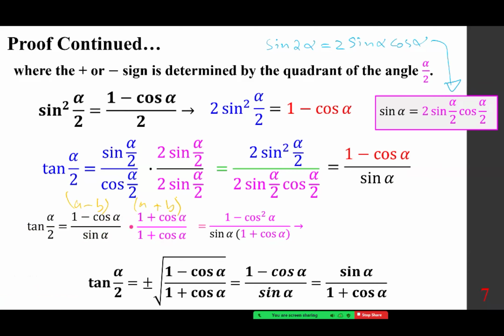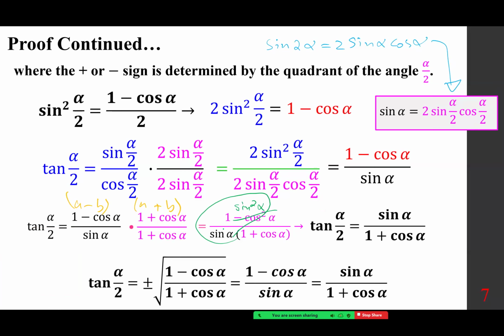And as you know, 1 minus cosine squared is sine squared. And these two cancel each other. The numerator becomes sine alpha. And that's the third one.